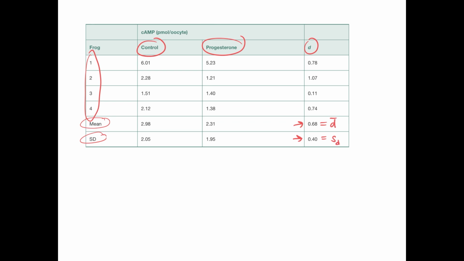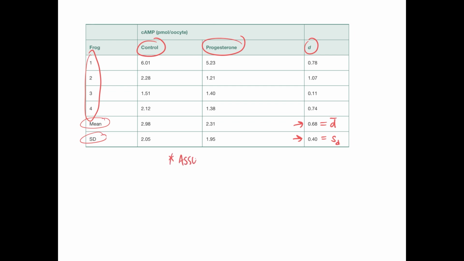Now, one thing I should mention is that for a paired t-test to work, you must be able to assume that the underlying data is normal, and that's not stated anywhere in this problem. However, we're going to add a little addendum here and assume that the data is normally distributed.